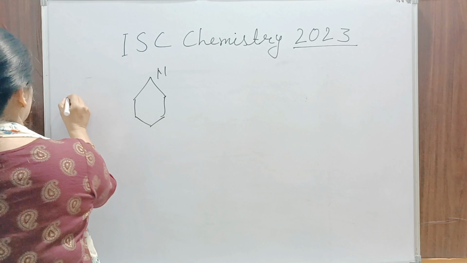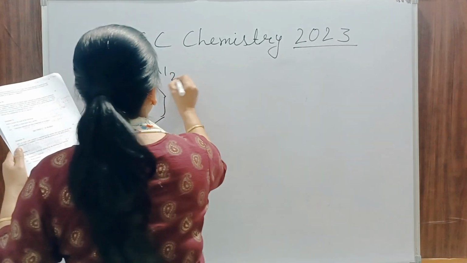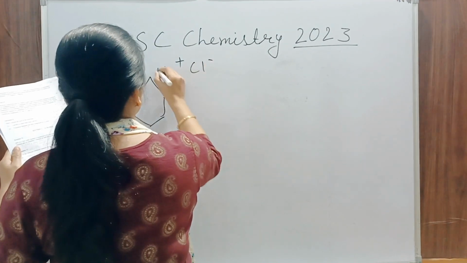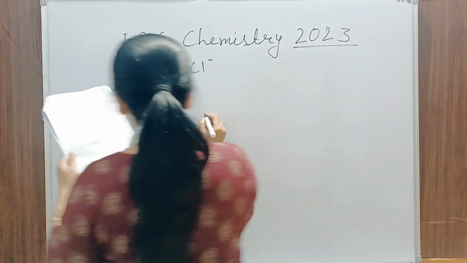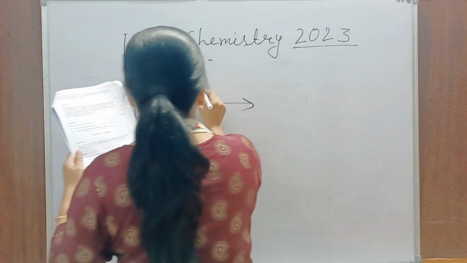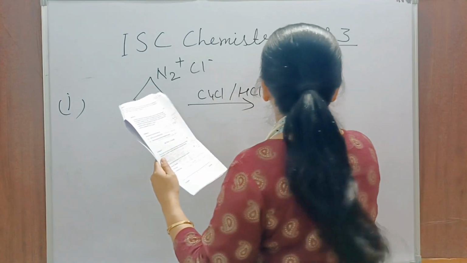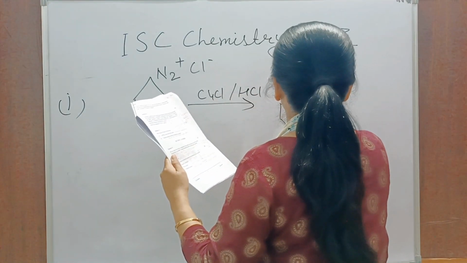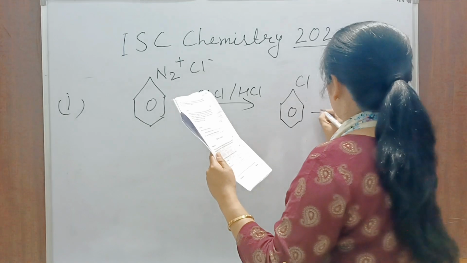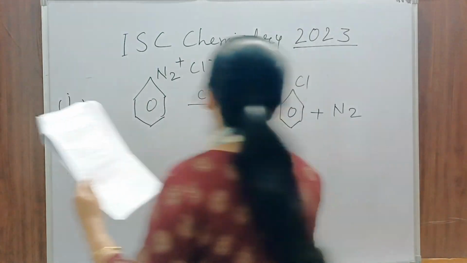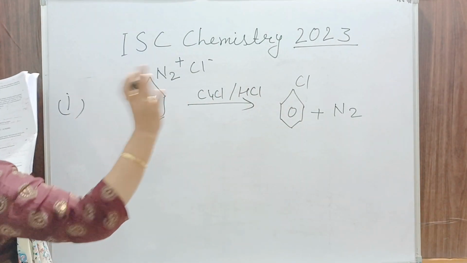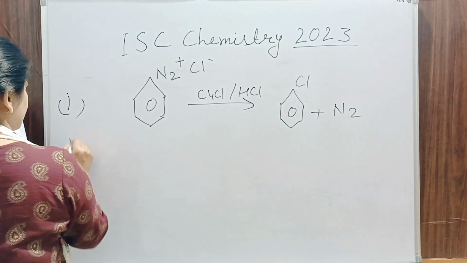Question number 1, Sandmeyer reaction: suppose I am writing C6H5N2+Cl- with CuCl and HCl. Chlorobenzene will be formed, and we get nitrogen along with chlorobenzene. So this is question number 1.